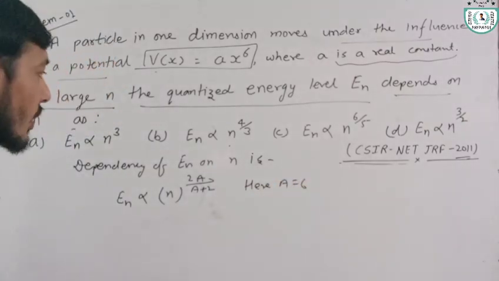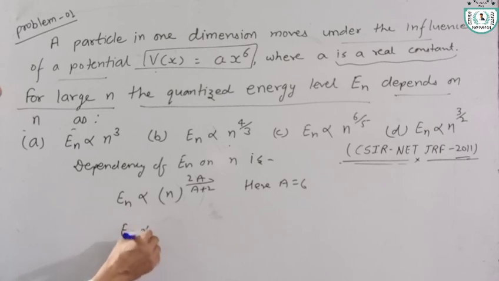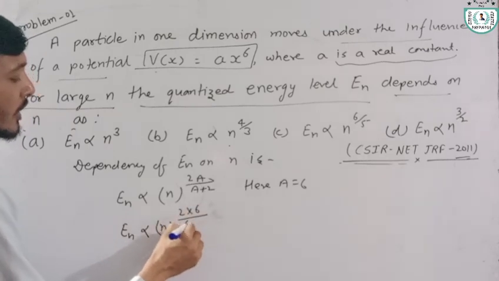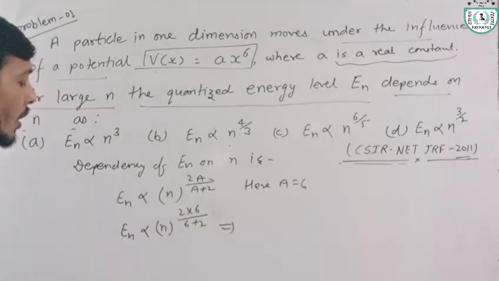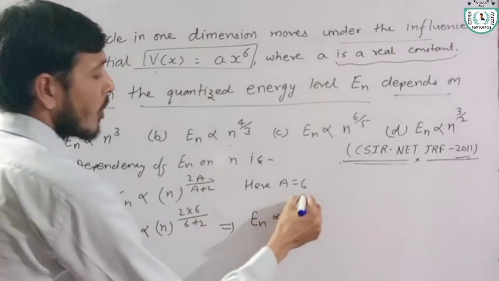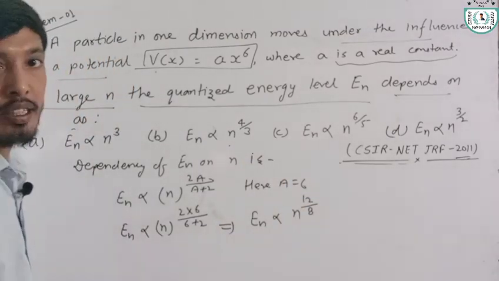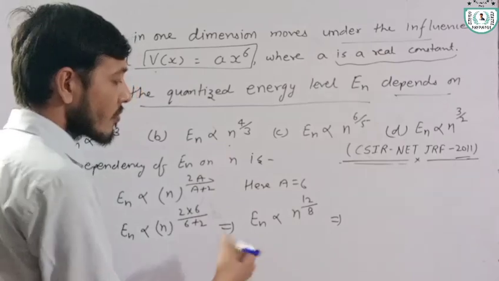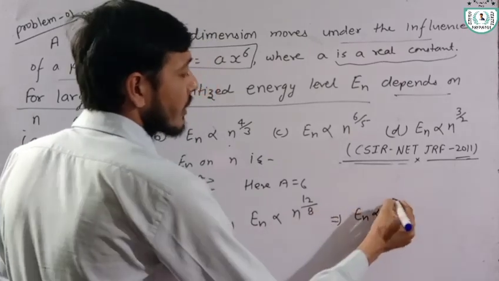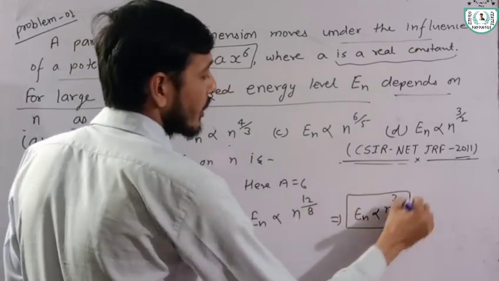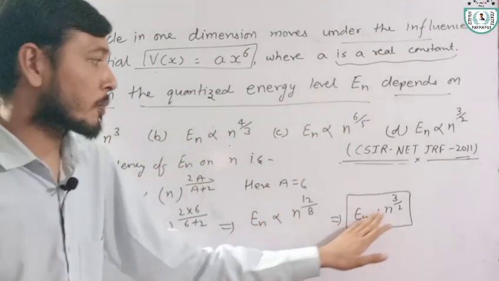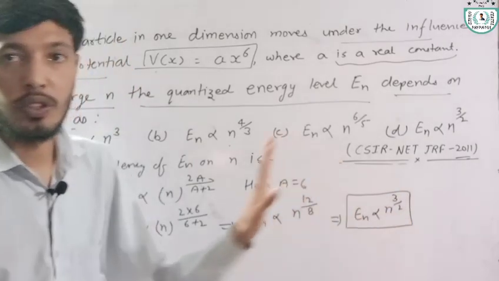After putting the value of a, En is proportional to n raised to power 2 × 6/(6 + 2), which is n raised to power 12/8, so En is proportional to n raised to power 3/2.